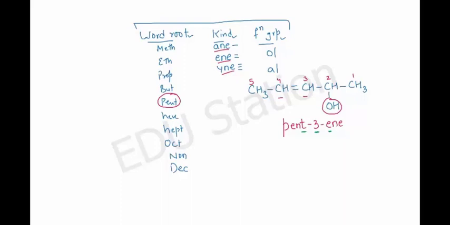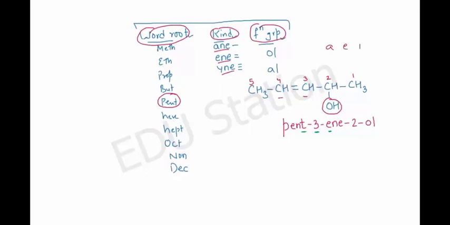So 3 things in this order: word root, this we have done, kind we have written. Now we are coming to functional group. Our functional group is alcohol, which is at second position, so it will be 2 ol. So pent-3-ene-2-ol. After word root, we cannot use two consecutive vowels.